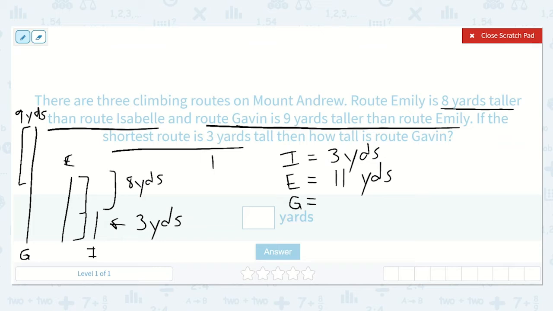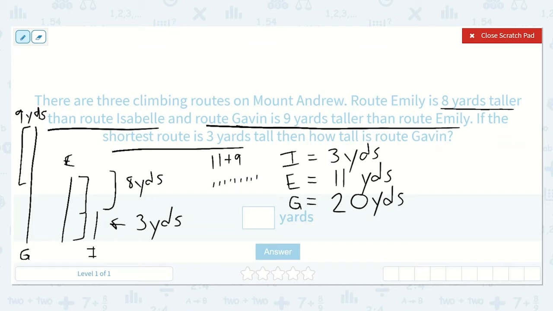So we have 11 plus, I'm going to make 9 dots. 1, 2, 3, 4, 5, 6, 7, 8, 9. So 11, now let's count on. 12, 13, 14, 15, 16, 17, 18, 19, 20. So Route Gavin is 20 yards.